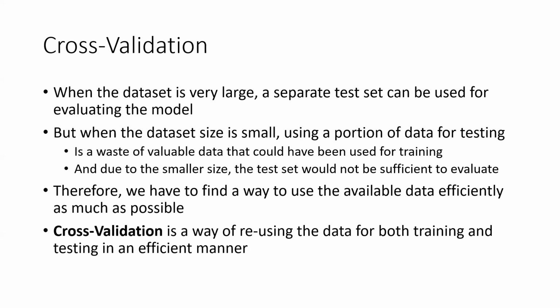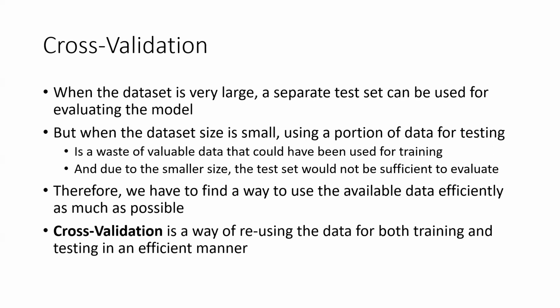So what you can do is, if you can use all the data points for testing and all the data points for training, maybe you can get a better value for the test error, right? So what I mean is that instead of using a very small proportion of data for testing, if you can use all the data points for testing and get the average, then you would have a better value.